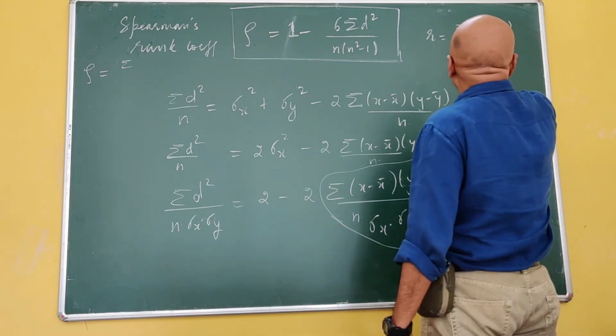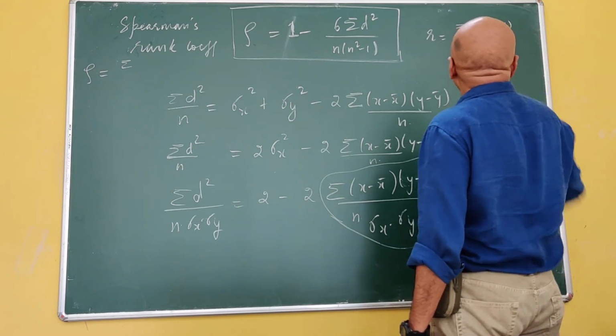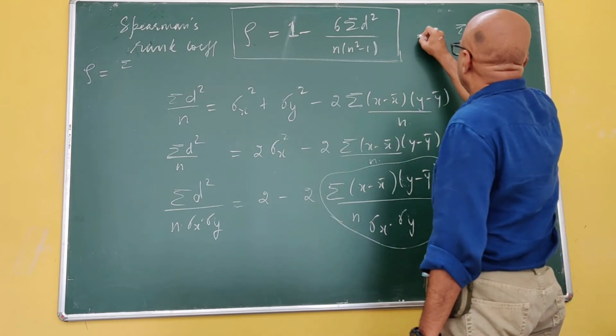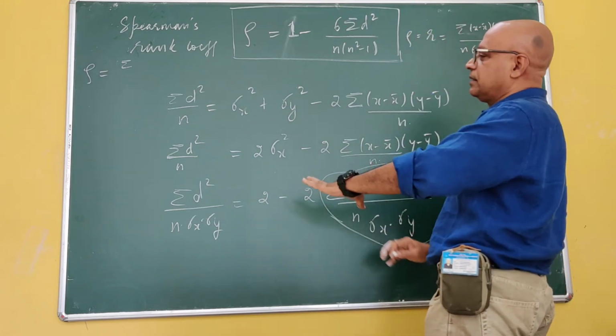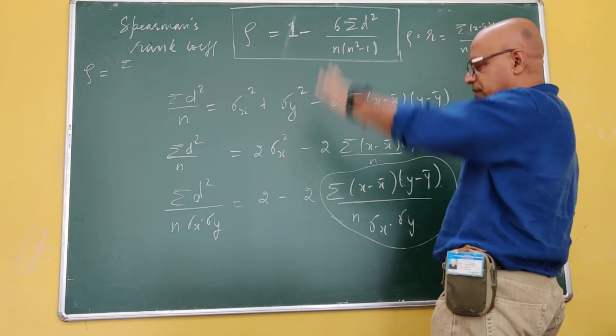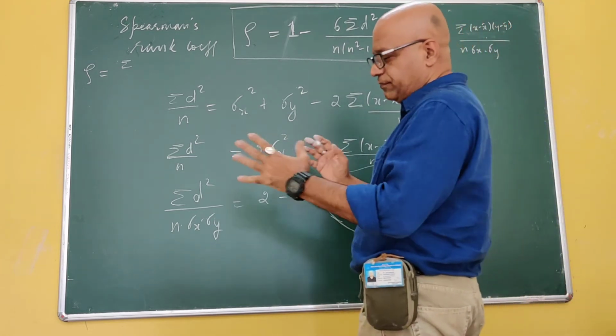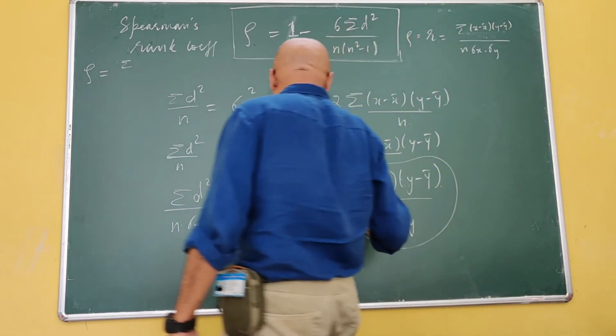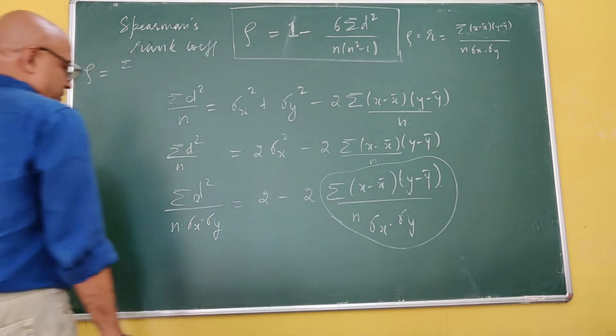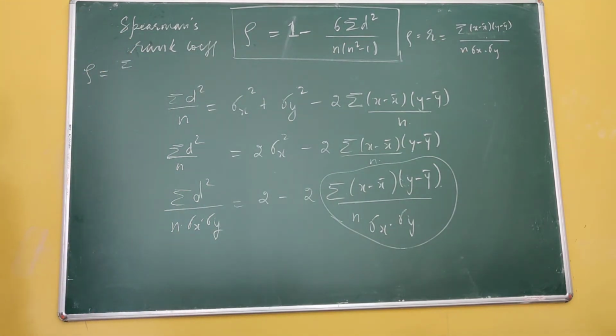This is what it is. This n has been brought here, so it is this expression. This is r. Now I am putting rho because it's to do with ranks, but it's the same formula. So this guy should be that.